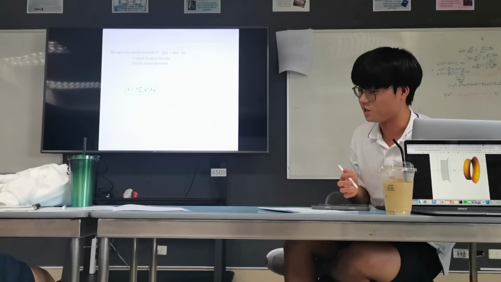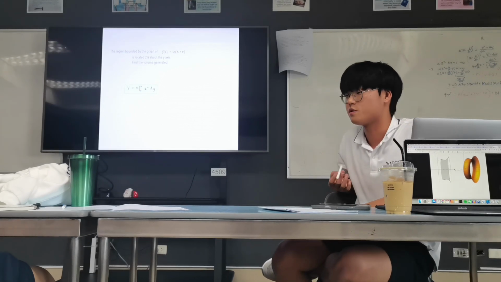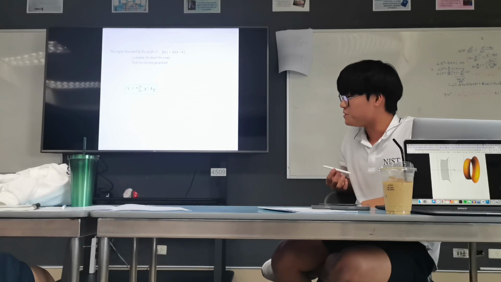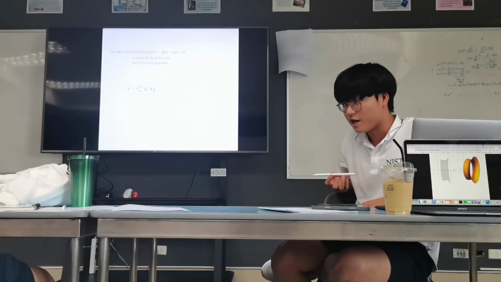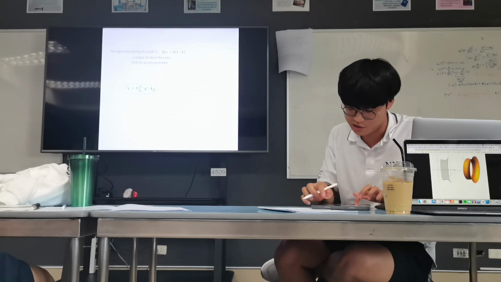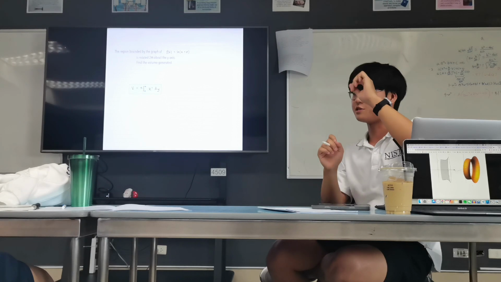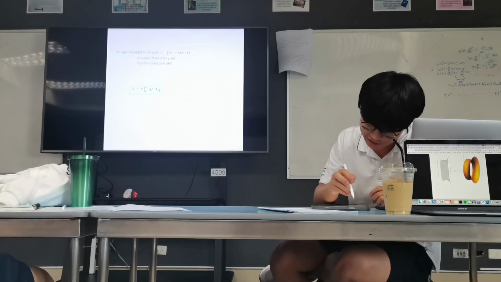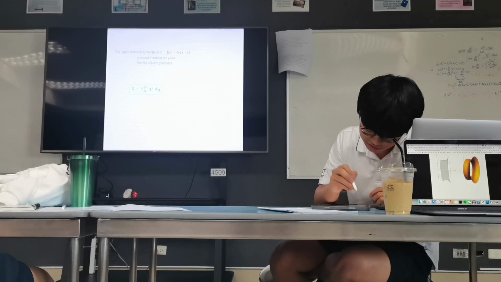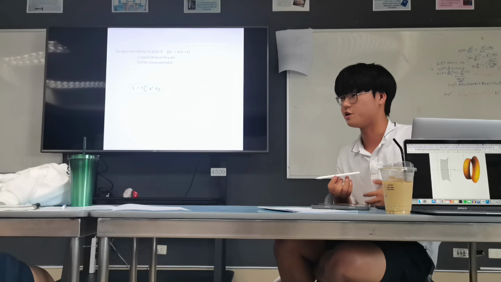Okay, a and b are not the same as in the previous formula. a and b are the y values, not x values. The limits of integration are the y values that correspond to the boundaries of the region you're trying to find the volume under. So let's try this problem all together so that we have a better understanding of what it just meant.